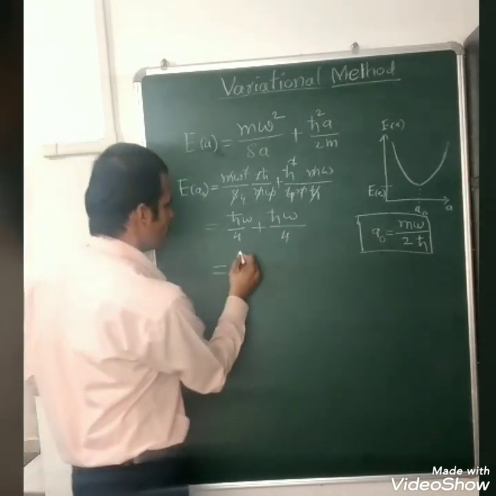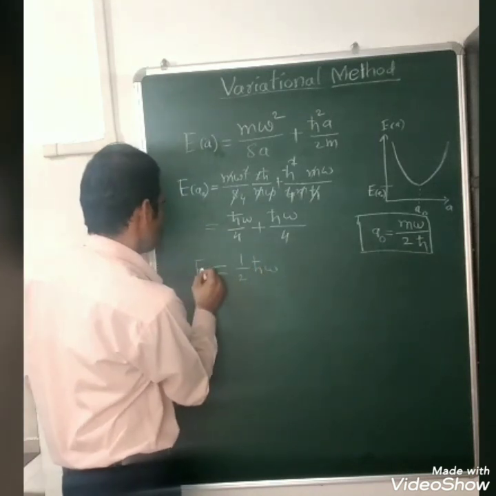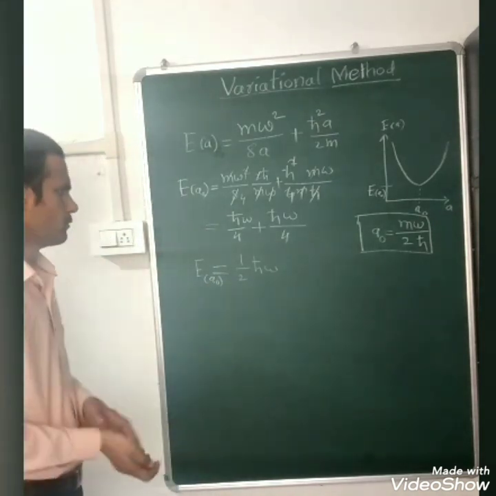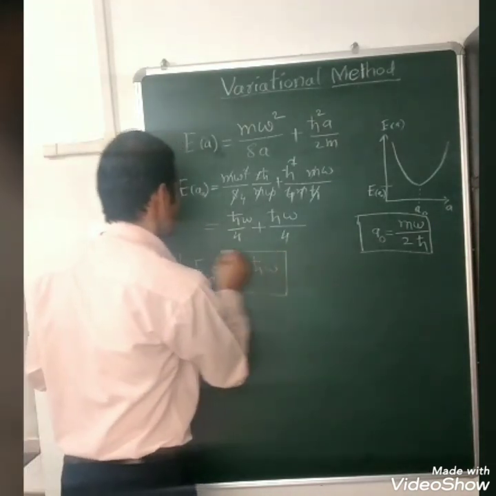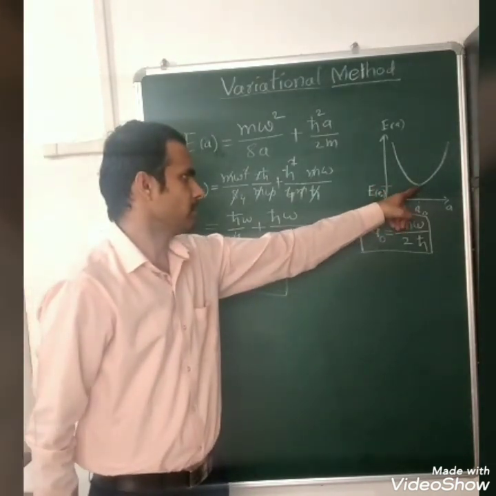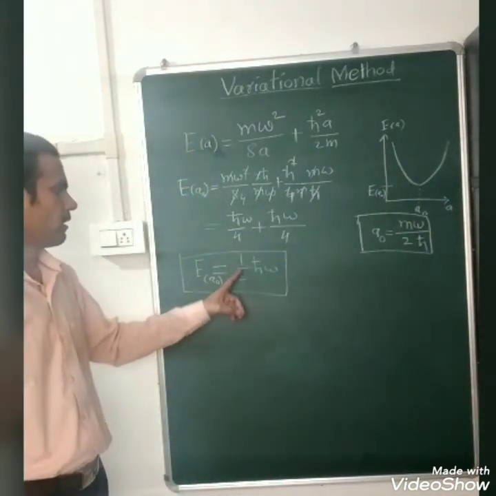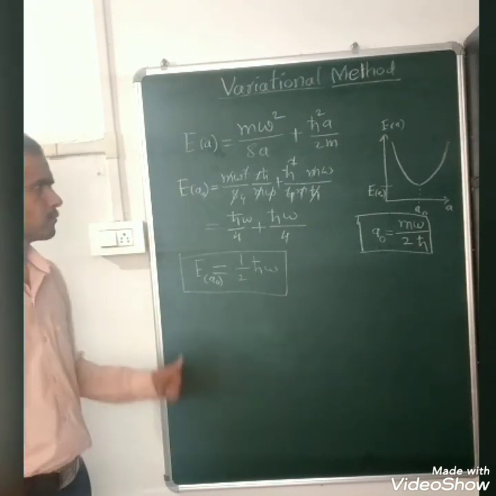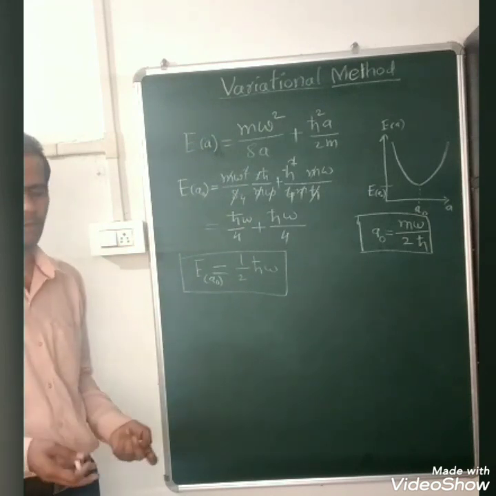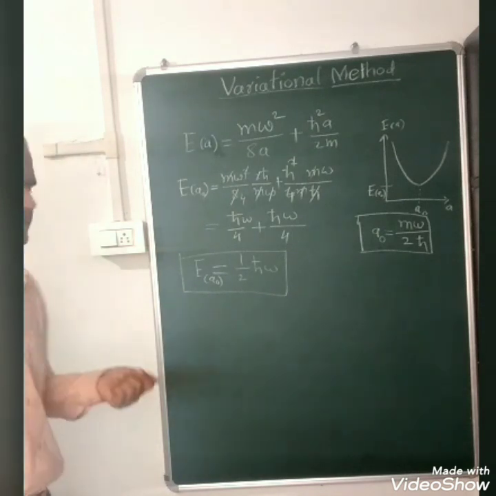If we add these two we get half h cross omega. This is the energy at A0, the minimum energy in case of the ground state of the harmonic oscillator: half h cross omega. So we can prove it by using this variational method. Okay, so this is our required answer.